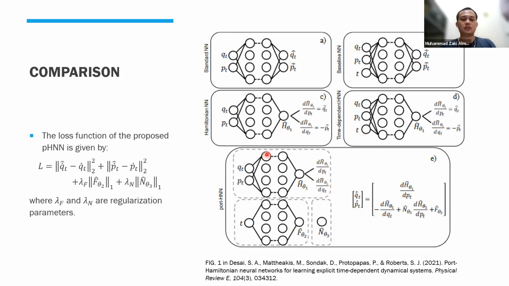And in the Port-Hamiltonian neural network setting, first we have the Hamiltonian neural network here. And then the time-dependent force is predicted in different subsystems directly from the time.